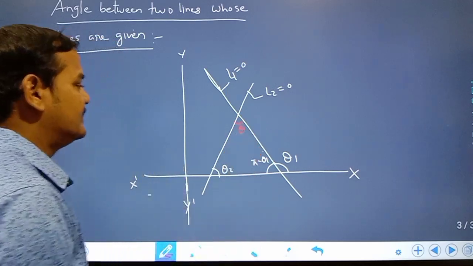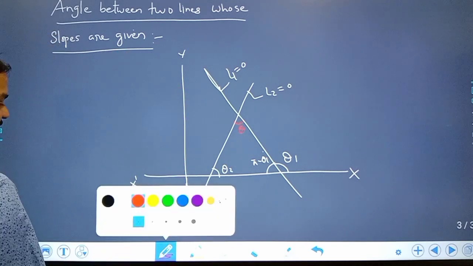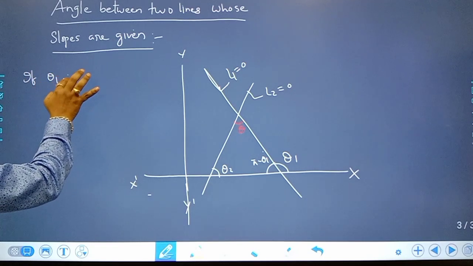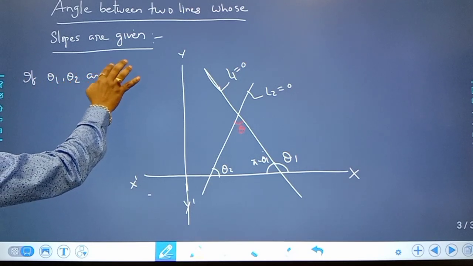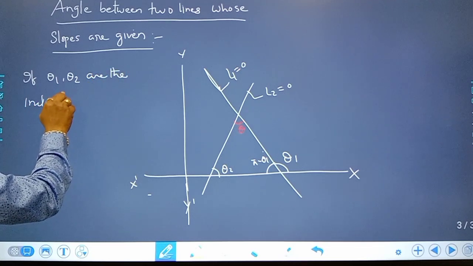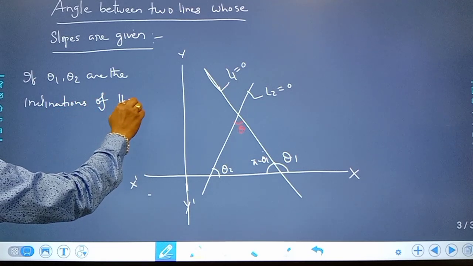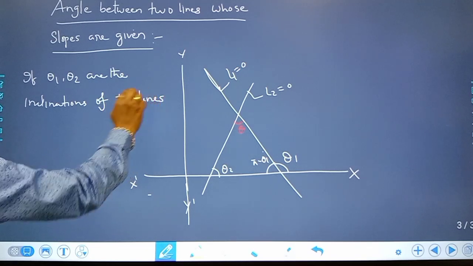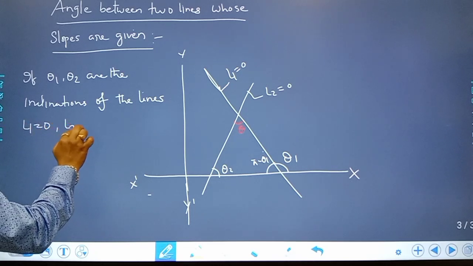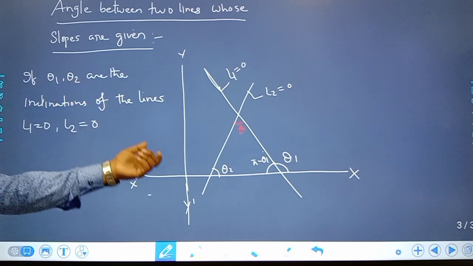If theta 1 and theta 2 are the inclinations of the lines L1 equal to 0 and L2 equal to 0, the first line has inclination theta 1 and the second line has inclination theta 2.